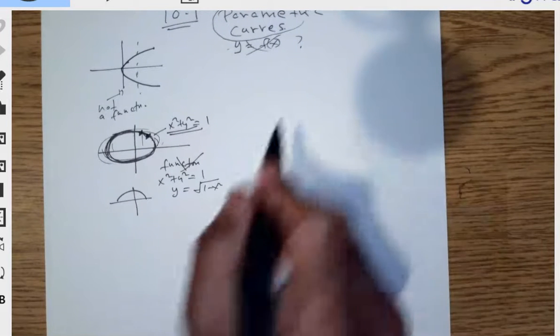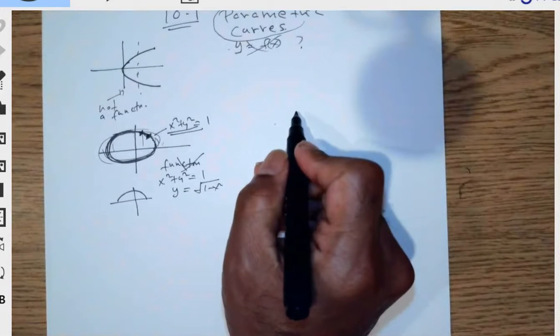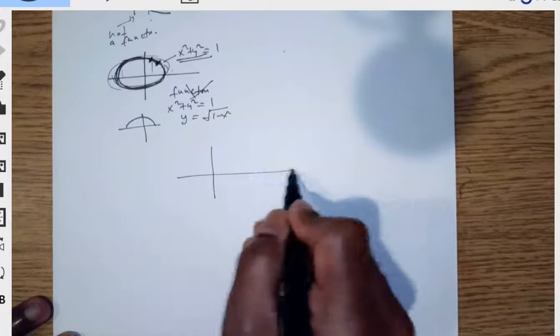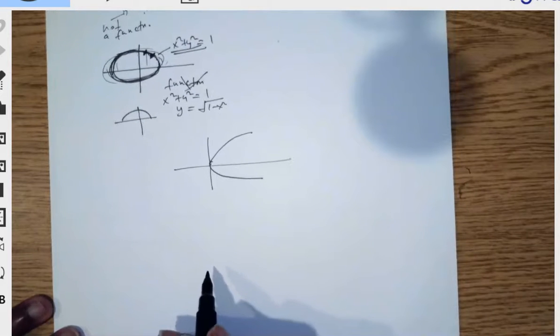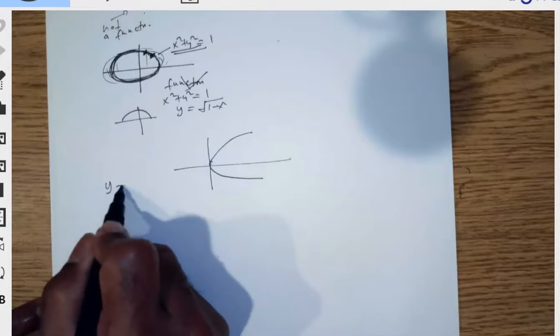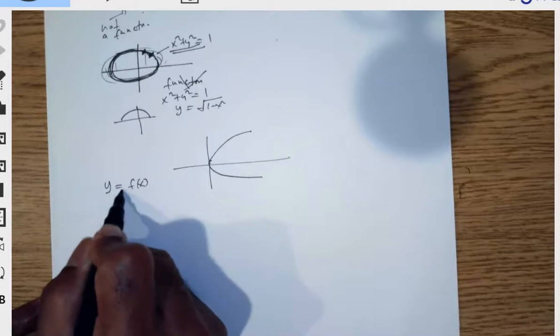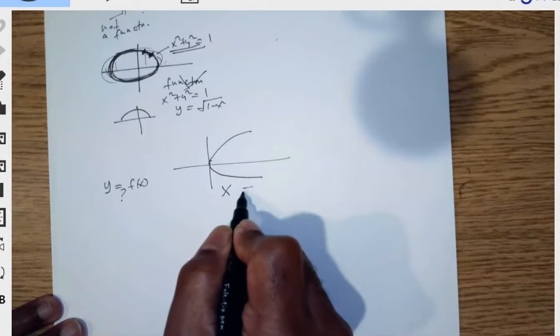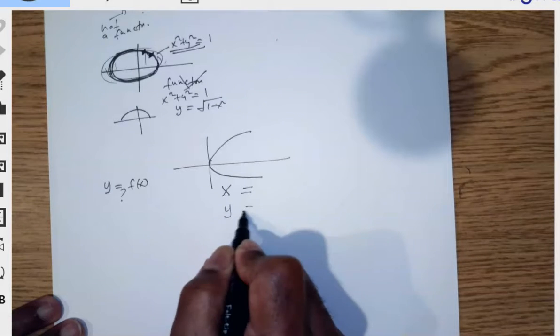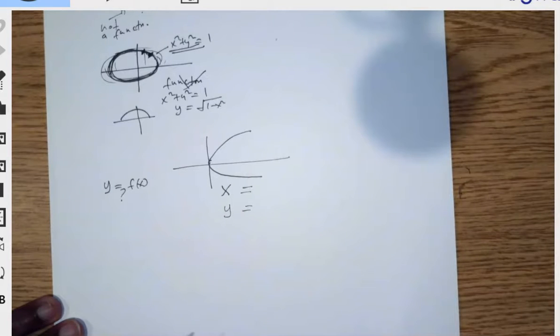So let's go back to the parabola. Instead of writing y equals f of x, which we cannot do, we are going to write x and y both using a third variable, a third party variable.